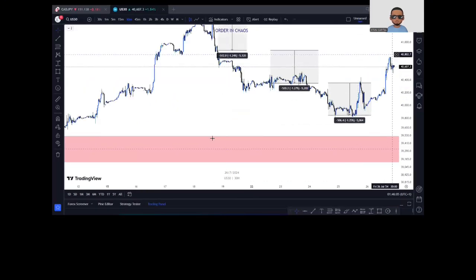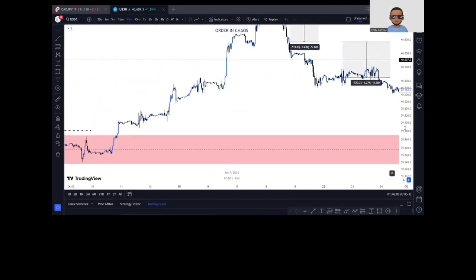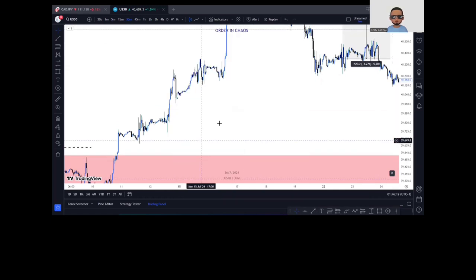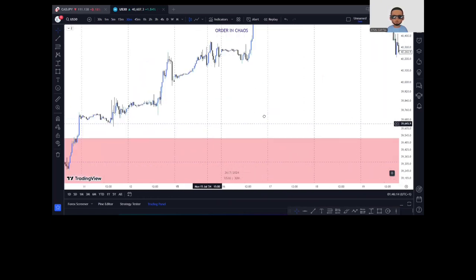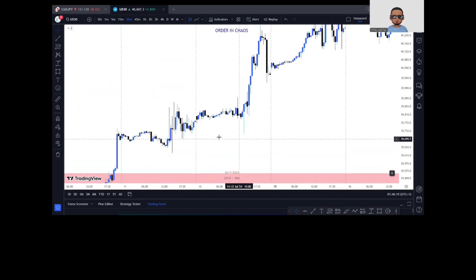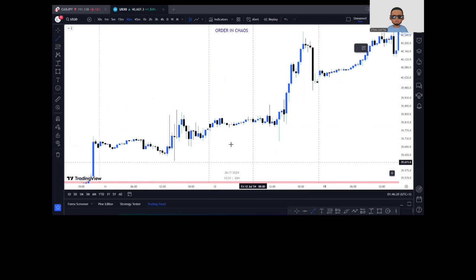Now looking to the left, I can see, yes, I have my entry model right here, where market swept this low, right? Market swept that low. And this is what?